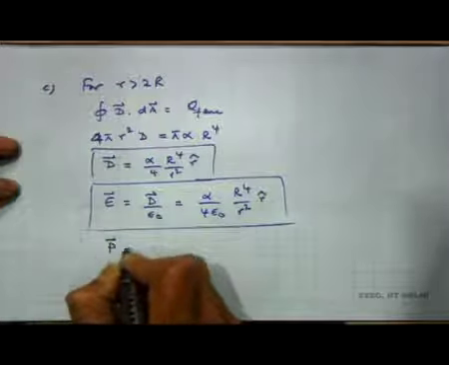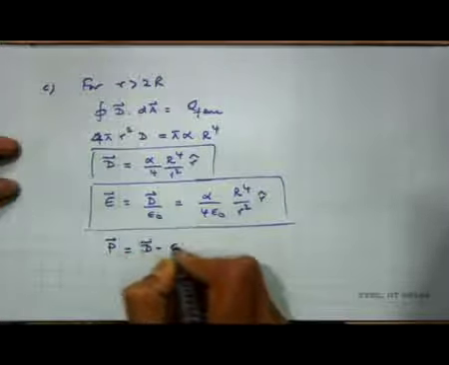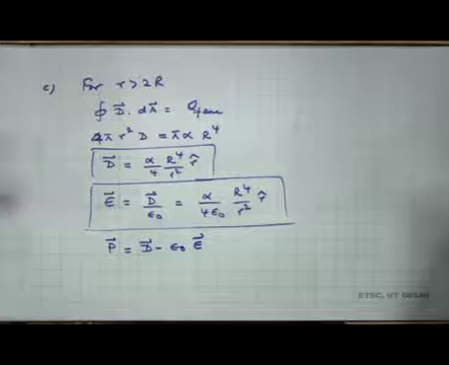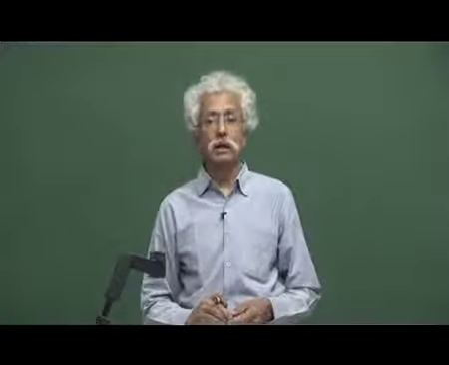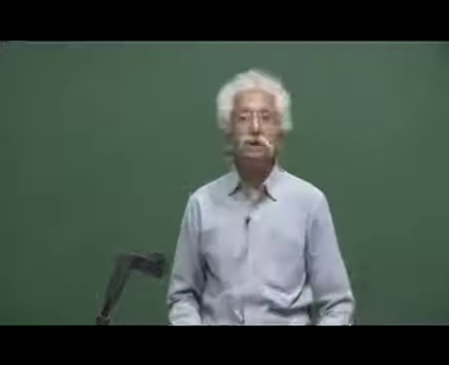And P will be equal to D minus epsilon 0 E. Please find out what is the value of polarization outside, in the region beyond small r greater than 2r. Find out the polarization in that region and check for yourself, and try to conceptually understand why you get a certain value of polarization.